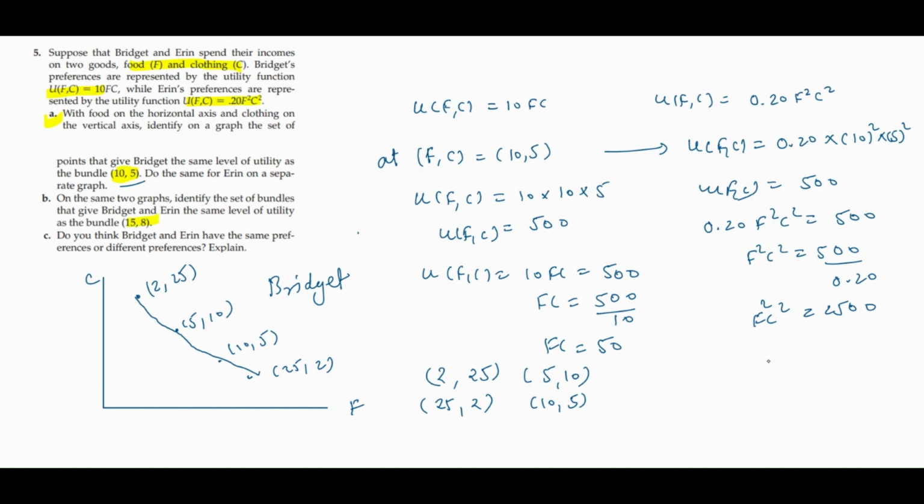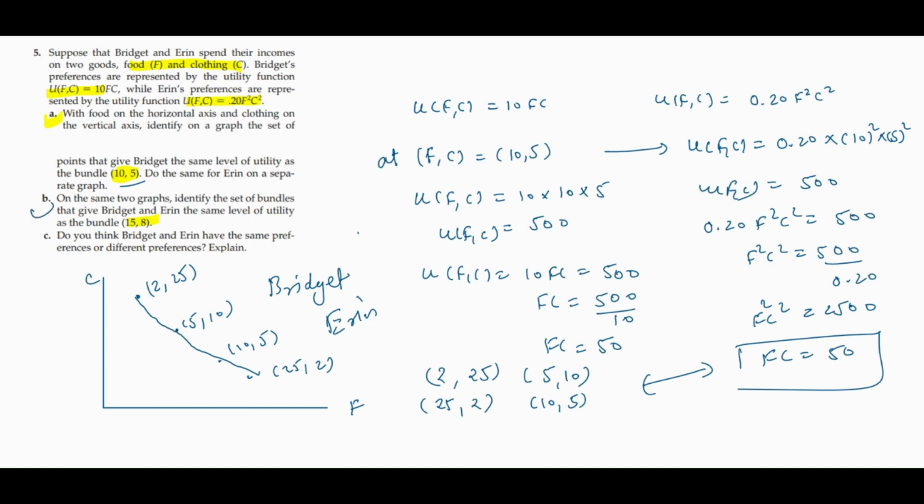If you take the square root on both sides, FC equals 50, since 50 squared is 2500. So for FC we get the same bundles, and you get the same utility curve for Erin also.